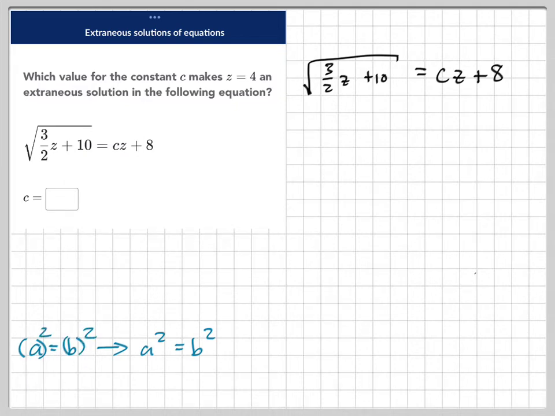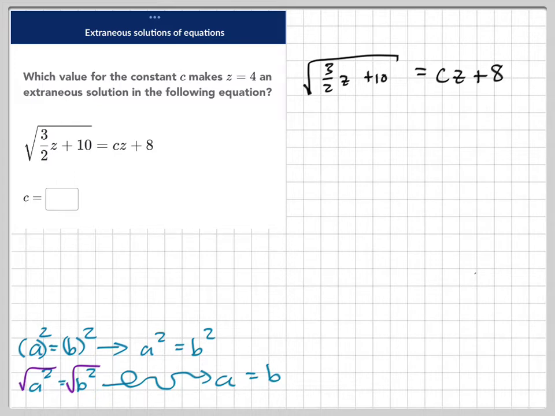But if you start with two perfect squares and then you square root both sides, you do not necessarily get a equals b. It's not an if and only if statement. It's that kind of conditional type statement.